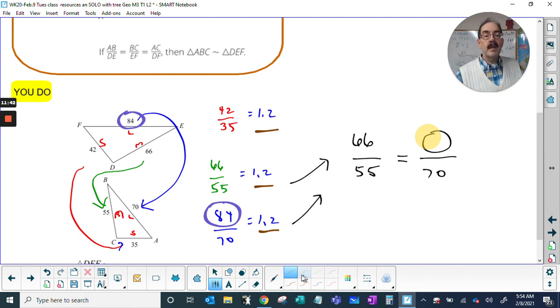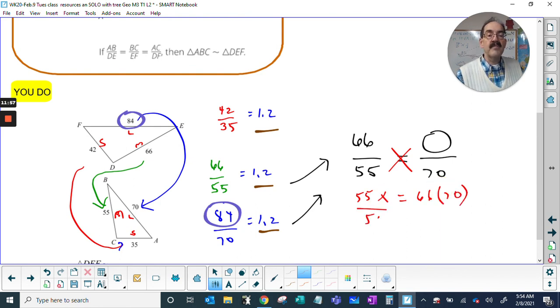Then, as we practiced last week, cross multiply. 55x equals 66 times 70. Divide both sides by the 55, and yes, we get our missing length. So there's the math piece.